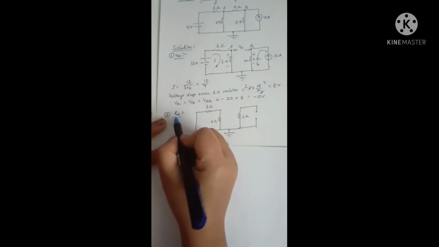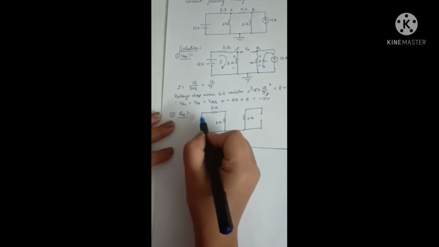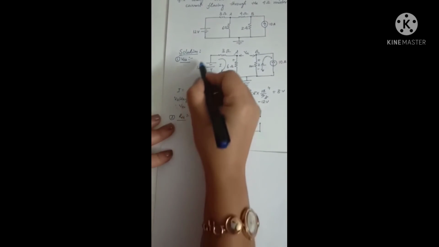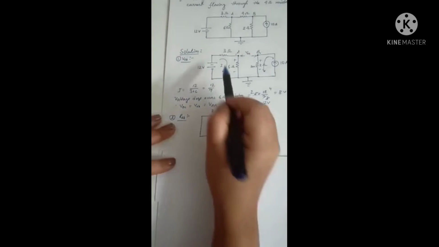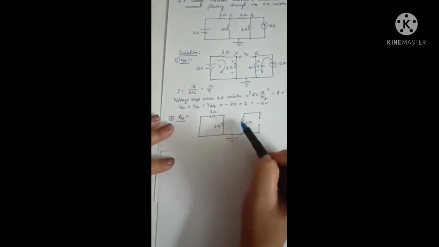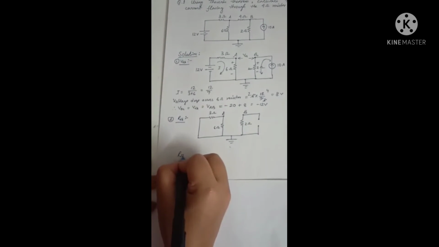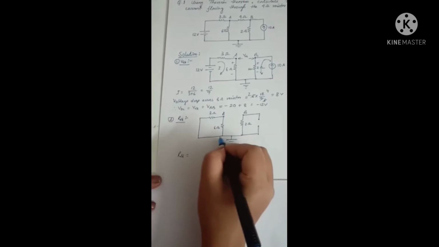Now next is to find this RTH. So to find RTH, what we'll do, voltage source will be replaced by a short. So 12 volt, we'll remove that voltage source and we place a short here. Current source by open circuit. So this 3, 6 and this 2, and this is point A, this is point B. Now to find RTH, you see this 3 ohm resistor and this 6 ohm resistor, these two are parallelly connected.